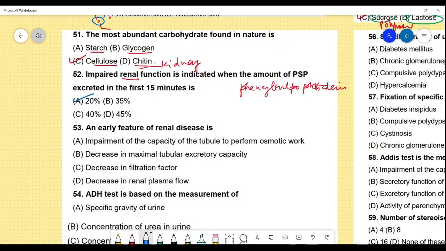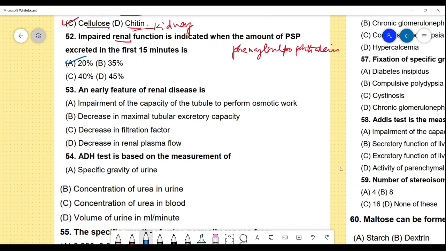Okay. Now question 53 is also connected with the kidney. An early feature of renal disease, kidney disease, is impairment of the capacity of the tubule to perform osmotic work. This is the most right answer.